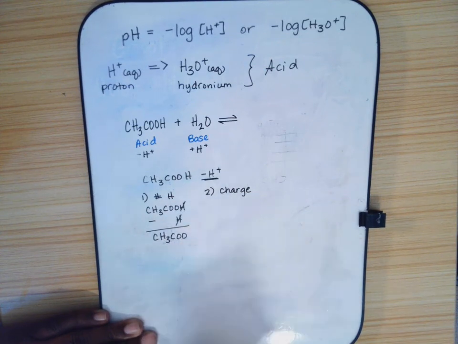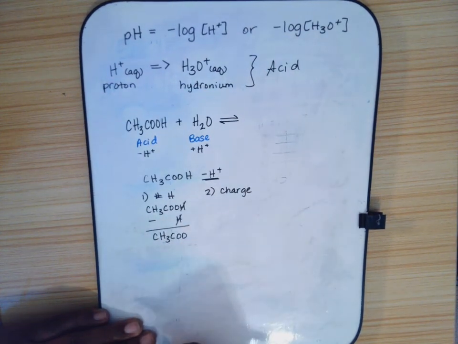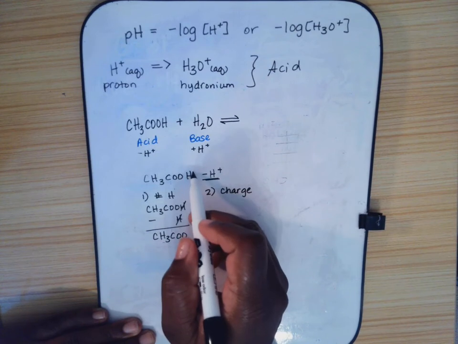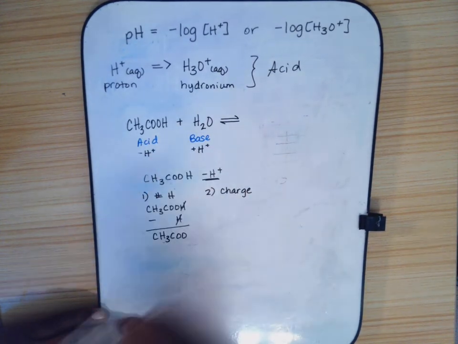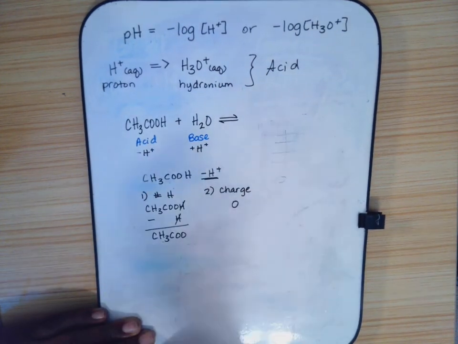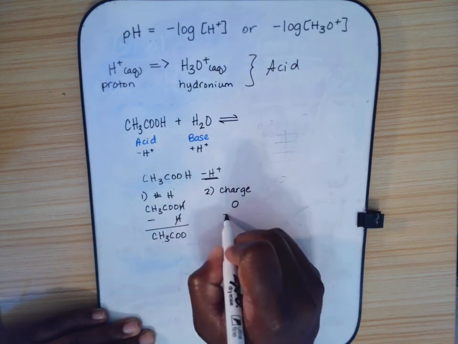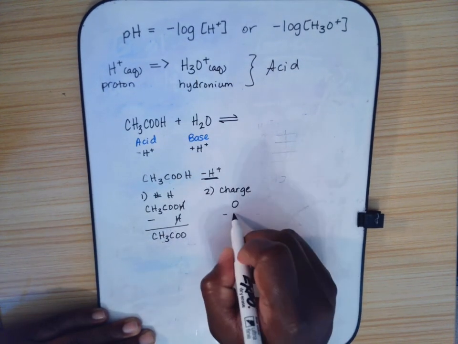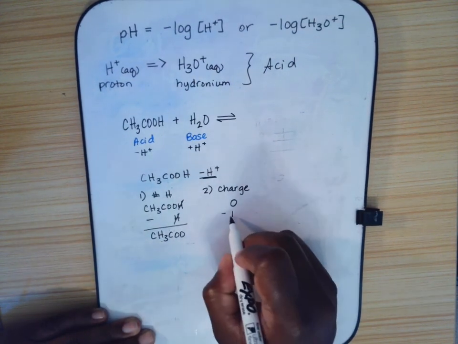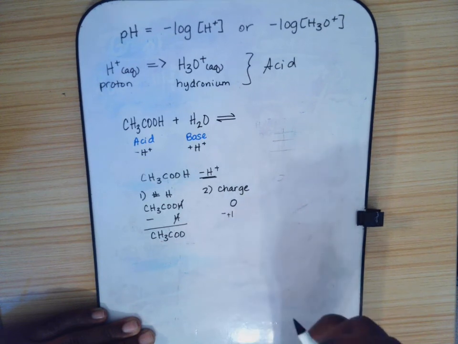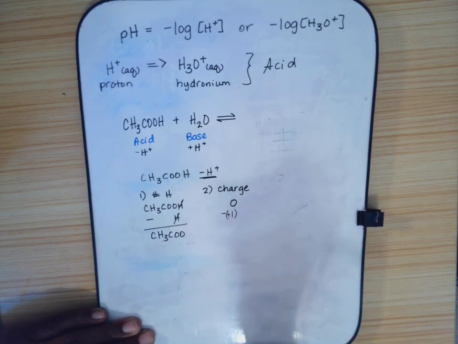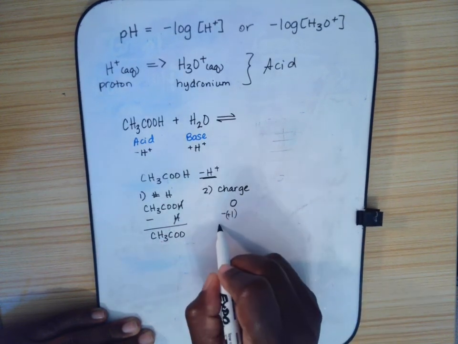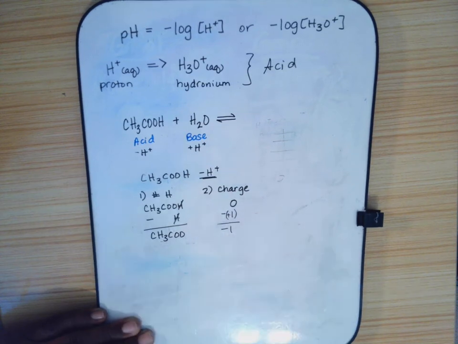So we'll end up with CH3COO. But we also have to think about the overall charge. There's no positive or negative that I see for acetic acid, so that means that it's neutrally charged. So you're starting out with something that has a 0 charge. You're removing something that has a +1 charge, so a +1. You can show the plus if you need to. You don't have to, but if you take 0 minus a +1, you end up with -1.